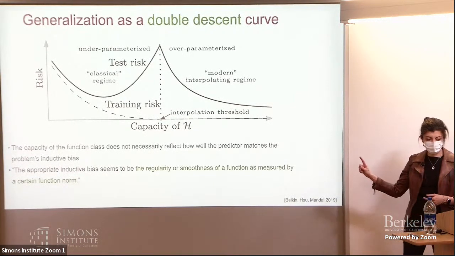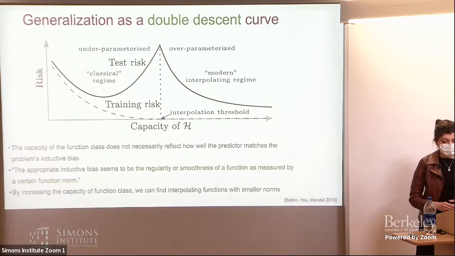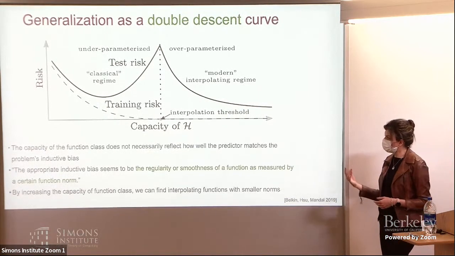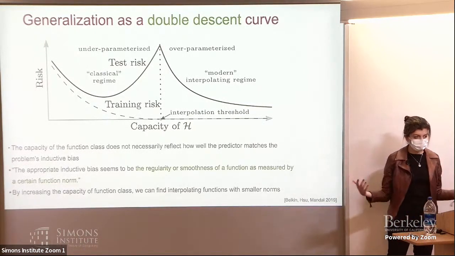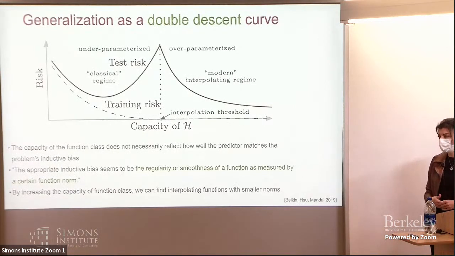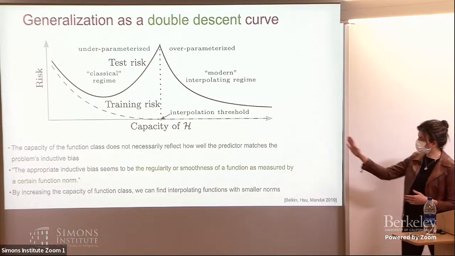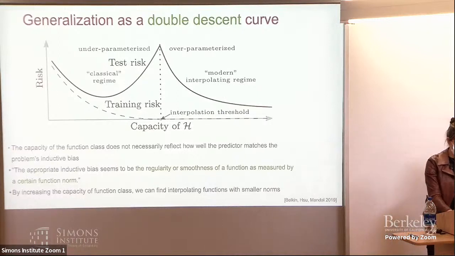We're going to talk a lot about this notion of regularity or smoothness. In addition, it seems that by increasing the capacity of H, we're just looking at a larger class of functions, and we are able to find interpolating functions that have smaller norms, so they're actually smoother. So we're hoping that by finding smoother functions, the generalization is going to get better.